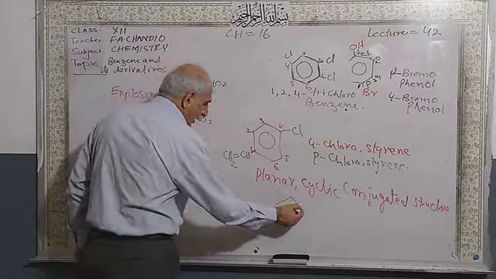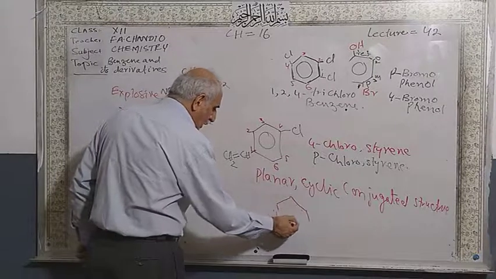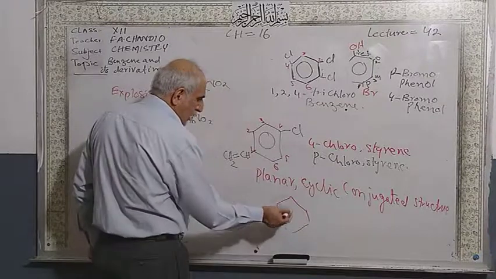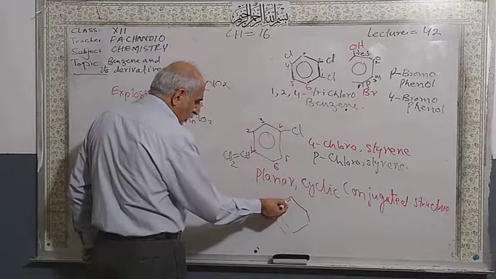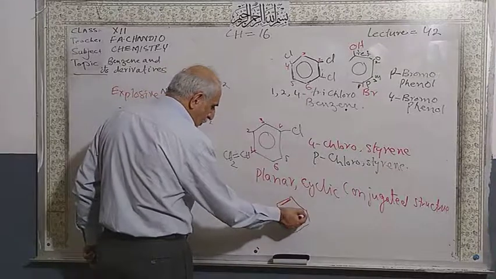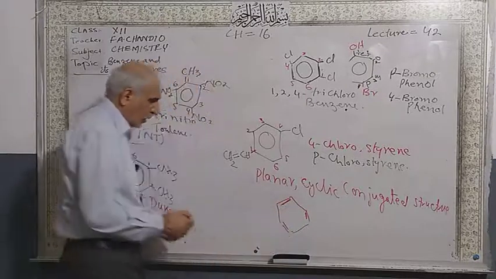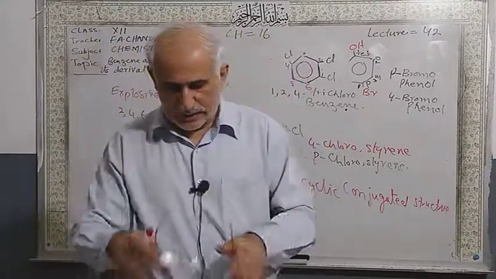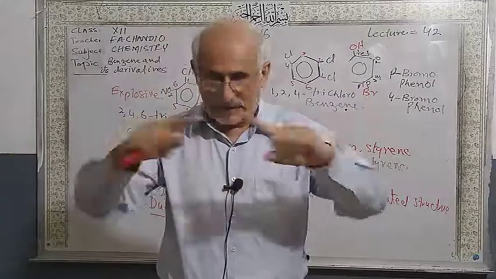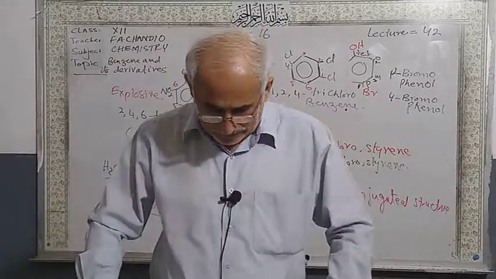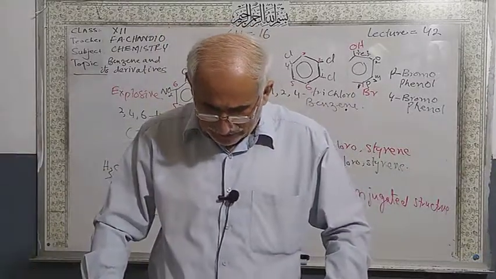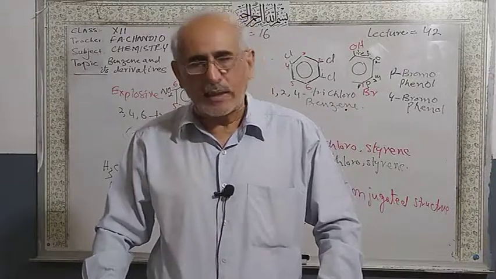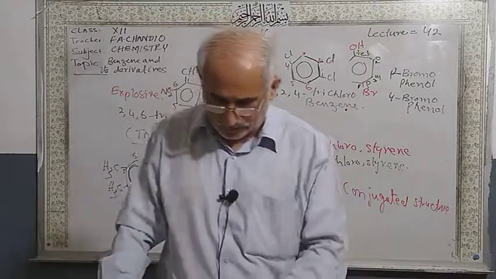Conjugated means we did the conjugation system previously. So you have to start from here, then alternate positions like this. The 3 double bonds are present in the benzene and we put them in the big cycle. One can draw benzene as alternating: carbon double bond, then carbon single bond, then carbon double bond.